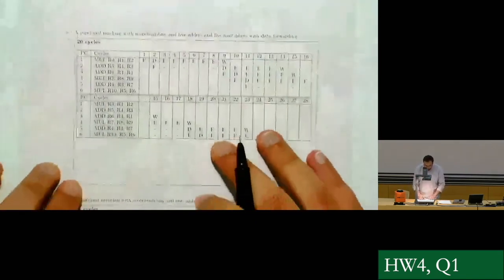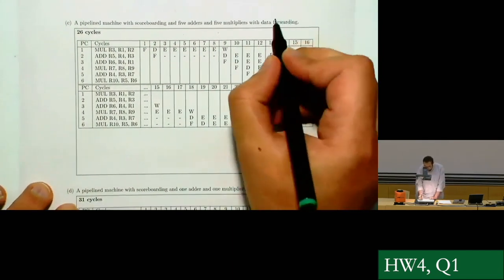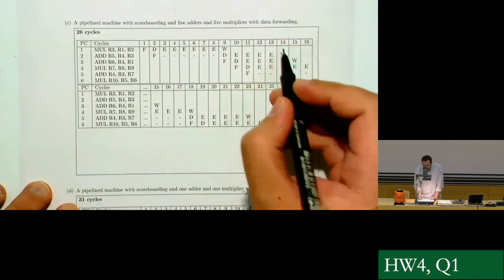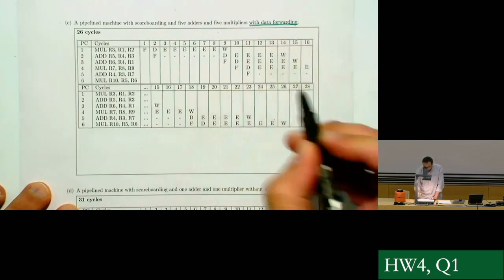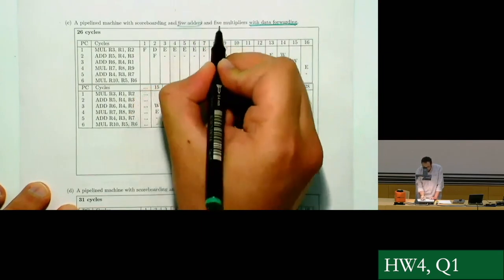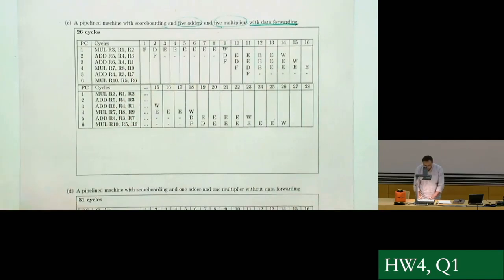Okay, so in the second part of the question, we have one simple difference here, which is we have data forwarding now. And we still have 5 adders and 5 multipliers here, and we are using the scoreboarding technique. So what matters here is now we can get the result earlier than we were doing in the previous part, right?